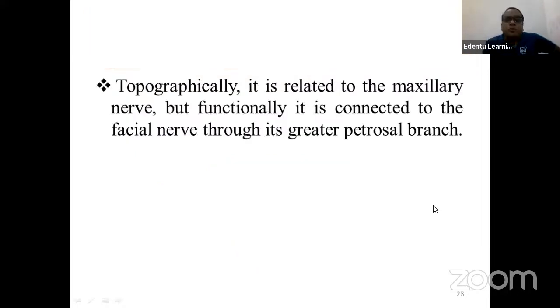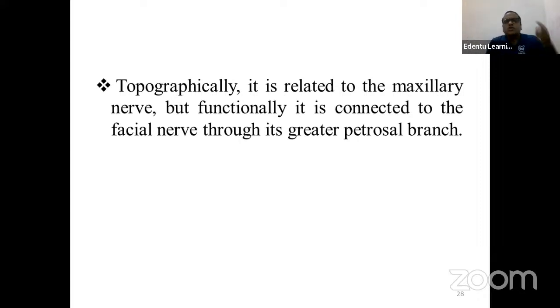Now, topographically, it is related to the maxillary nerve, but functionally it is connected to the facial nerve. What does it mean? What do you mean by the word topographically? You should understand this word. My dear friends, I am Dr. Balakrishna. Basically I am from Hyderabad, in Telangana, before it was Andhra Pradesh. But I am working in Kerala.